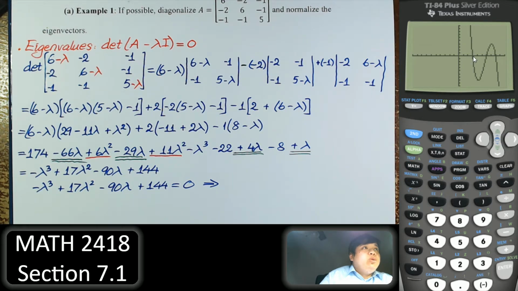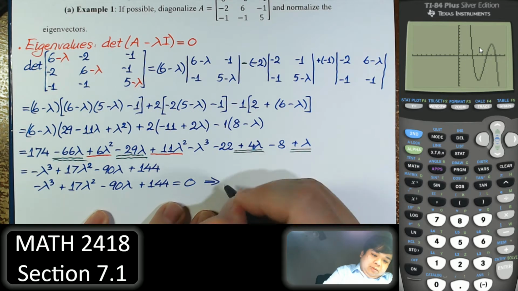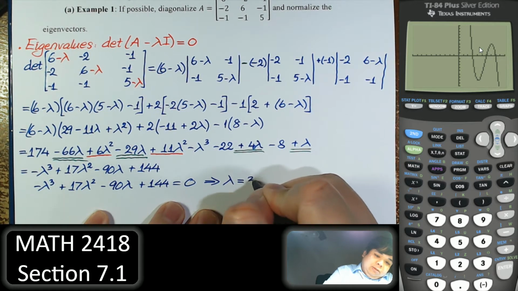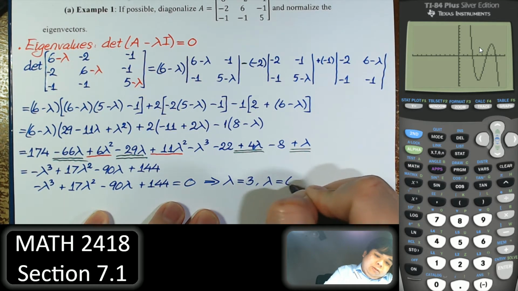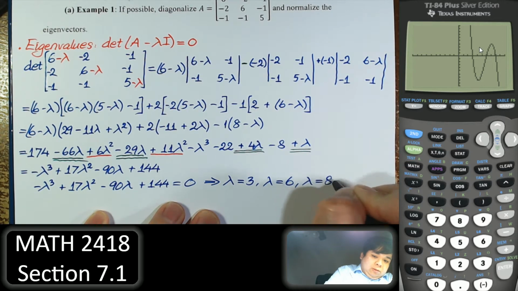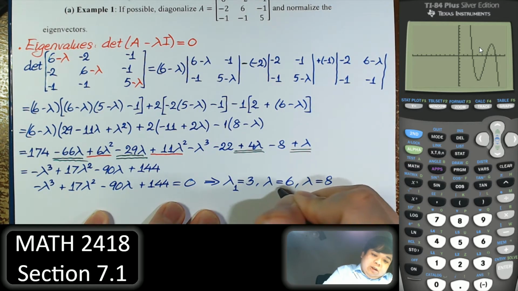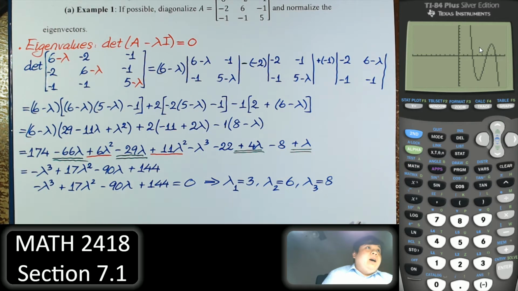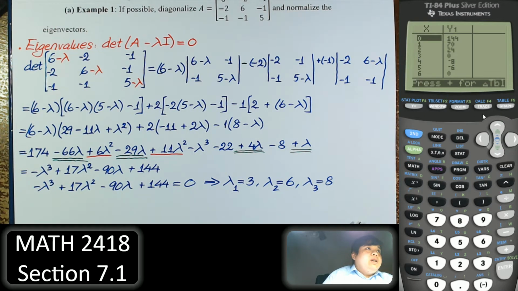Look, that goes to 3, 6, and 8. See, the eigenvalues are 3, 6, and 8, because we can just go to the table. So yeah, it does 3, 6, and 8.